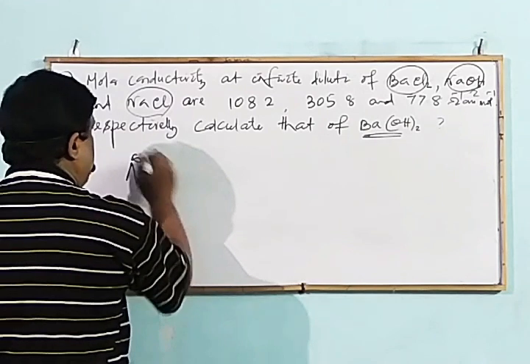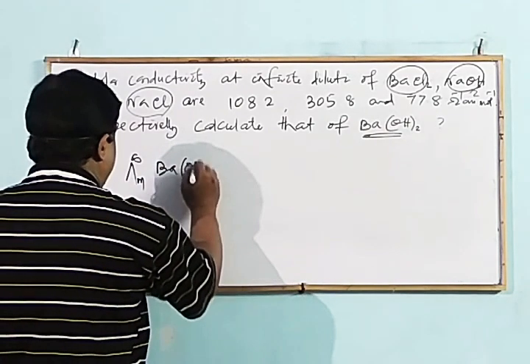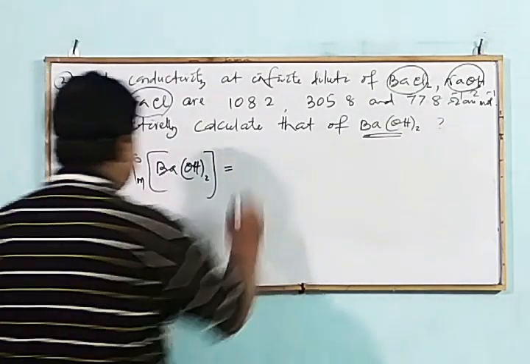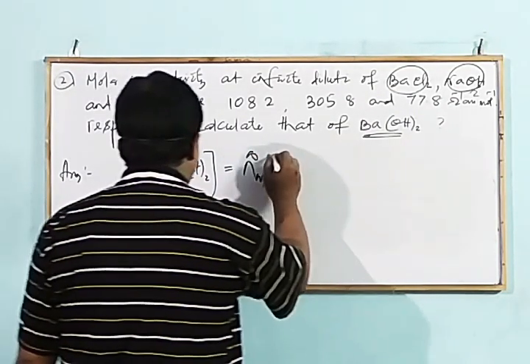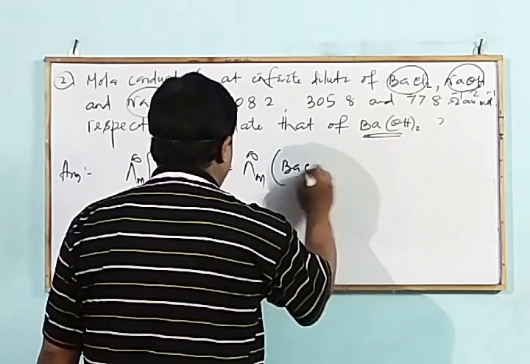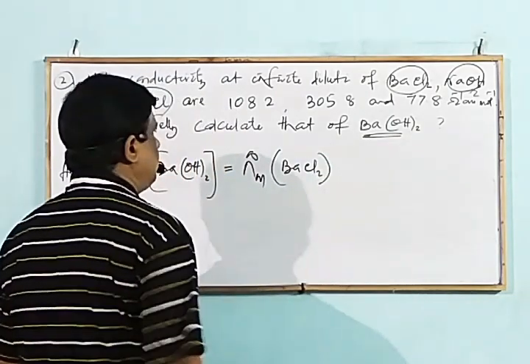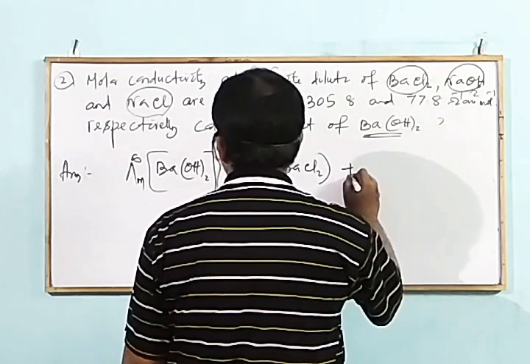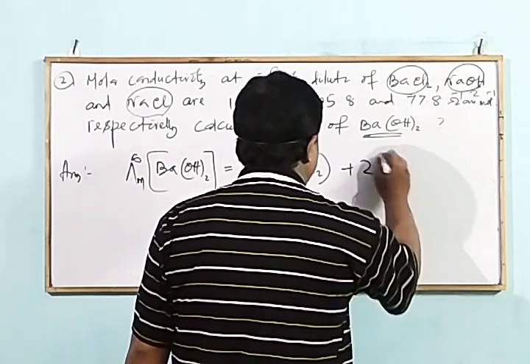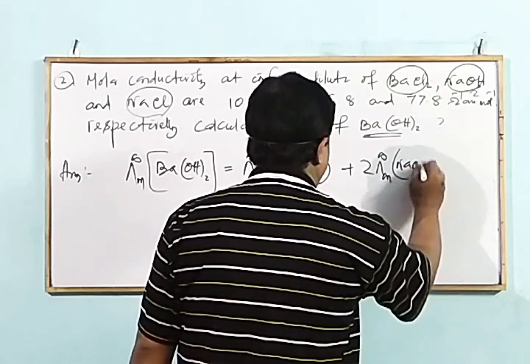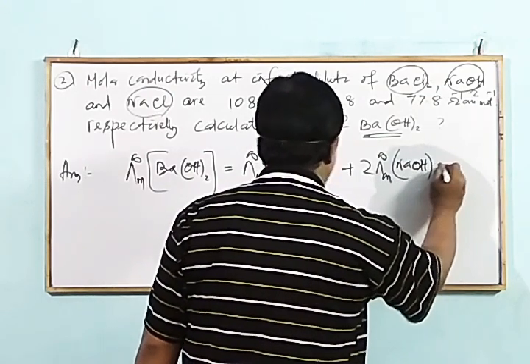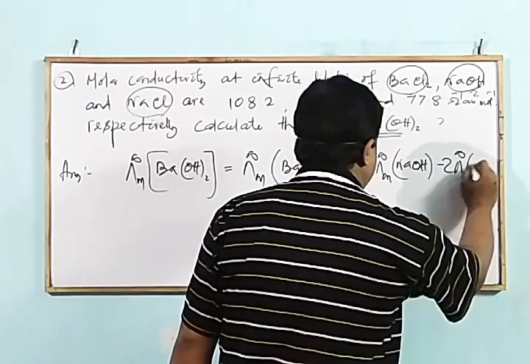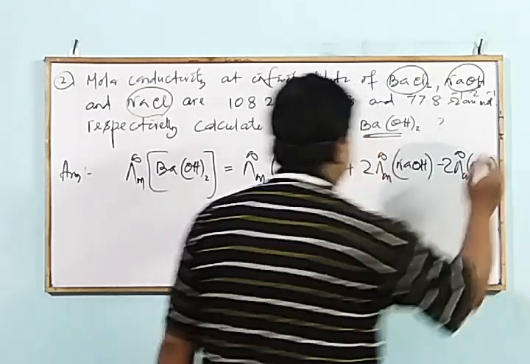Molar conductivity at infinite dilution of barium hydroxide is equal to that of barium chloride plus 2 times that of sodium hydroxide minus 2 times that of sodium chloride.